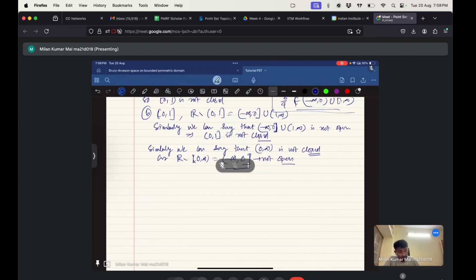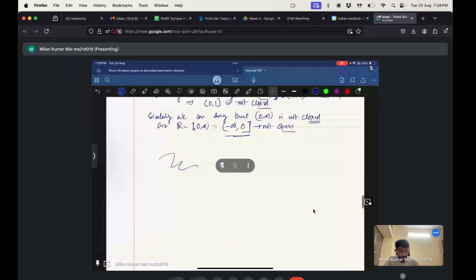So this is also not closed. That means this is the only correct option, which is none of these. That means none of the first three options is closed. I hope it is clear. Just a minute. Okay, yeah, it is okay.